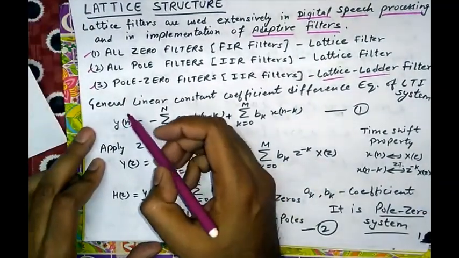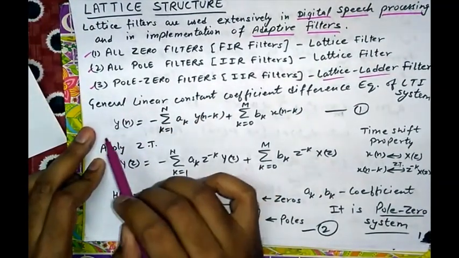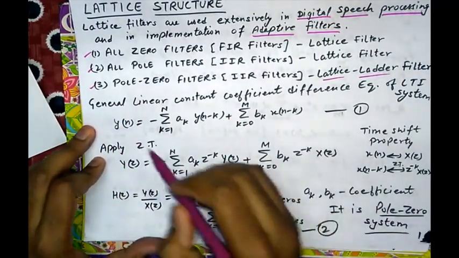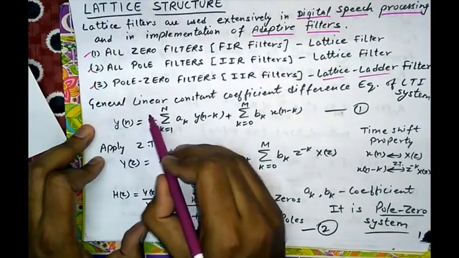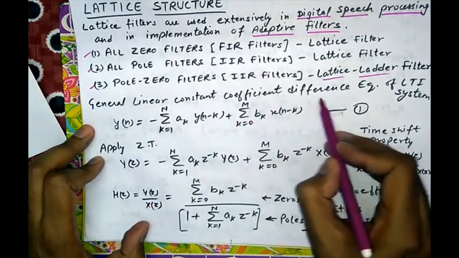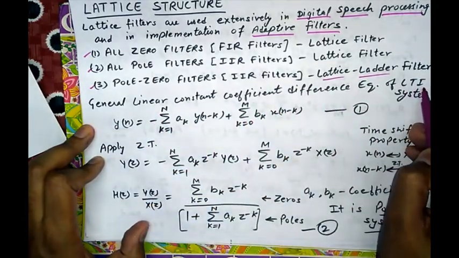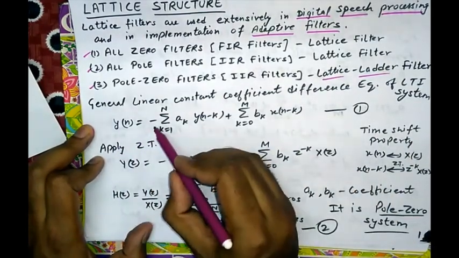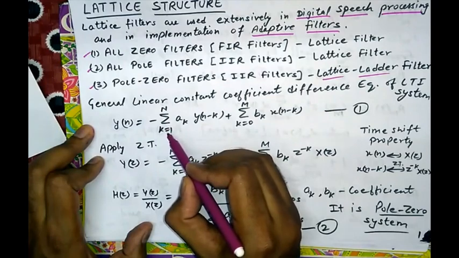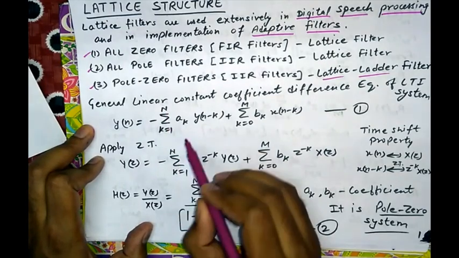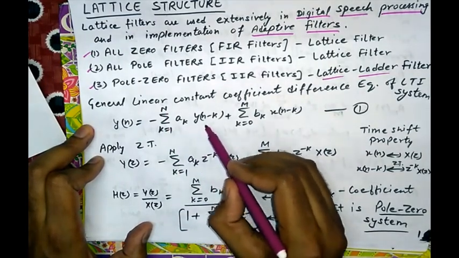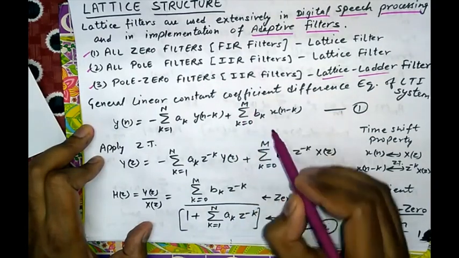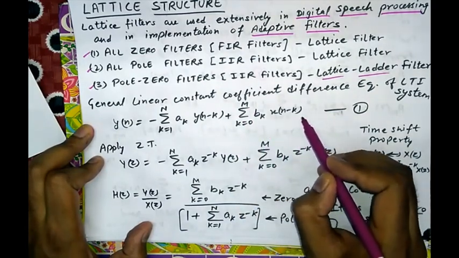So first we will start with the general expression for the transfer function, that is the general linear constant coefficient difference equation for a linear time invariant system, represented as y(n) = -Σ(k=1 to N) a_k y(n-k) + Σ(k=0 to M) b_k x(n-k).